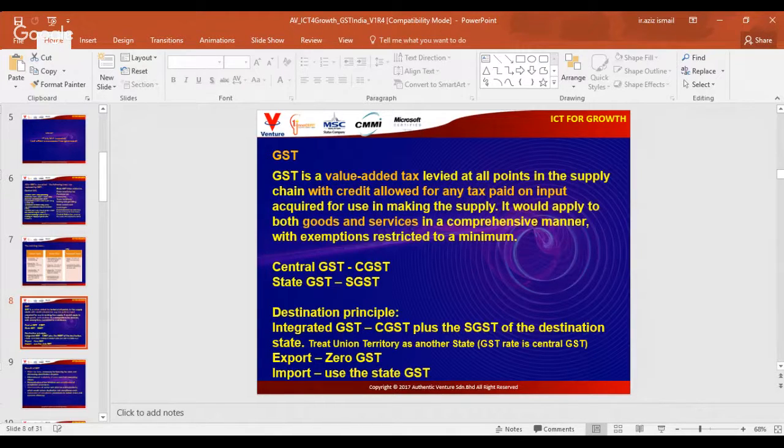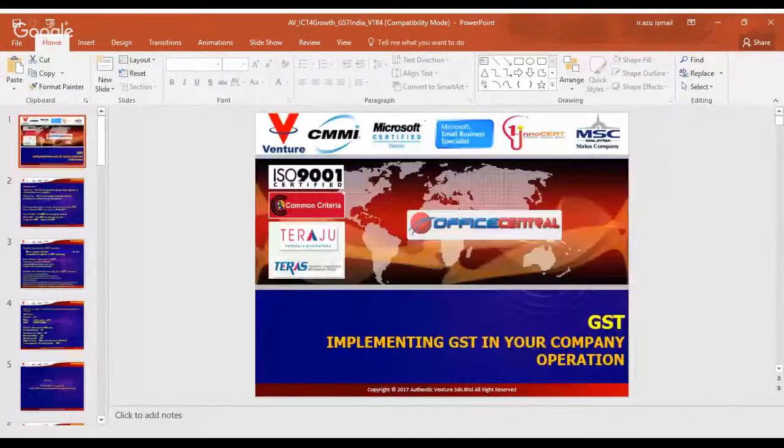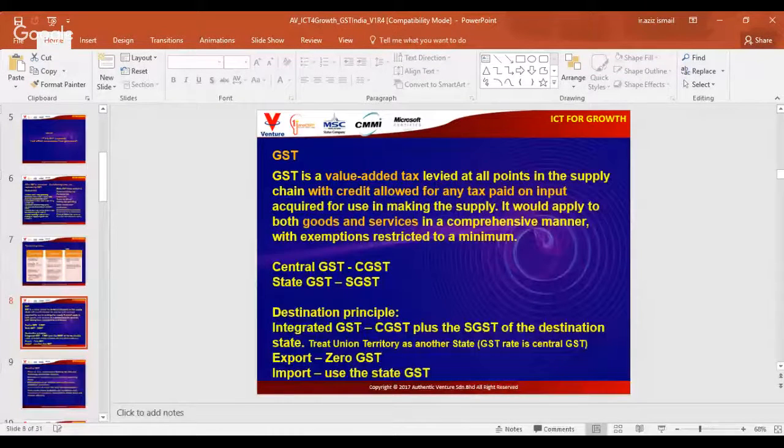For example, when you sell a certain product to another state, the state GST is the GST of the destination state. So the GST will be the CGST plus the state GST of the destination state.